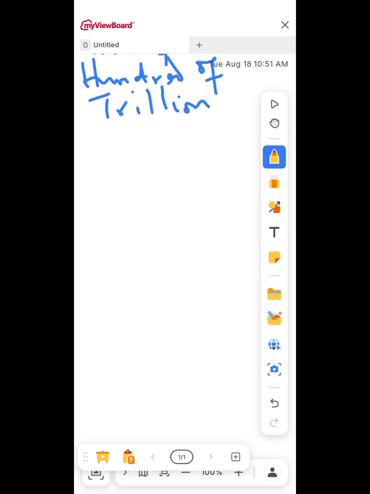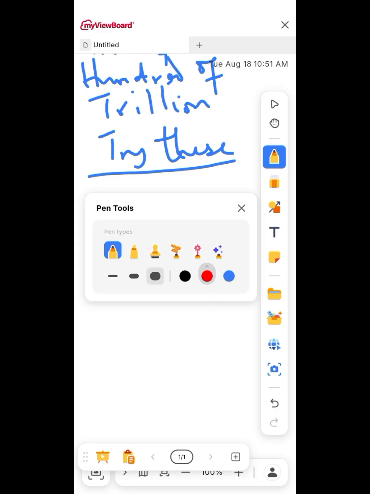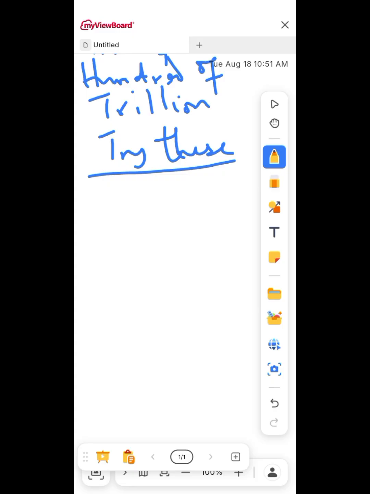I want to believe you have really enjoyed this class as much as I have. So before I go, I'll leave you with this. Try this. You are to write these in words.